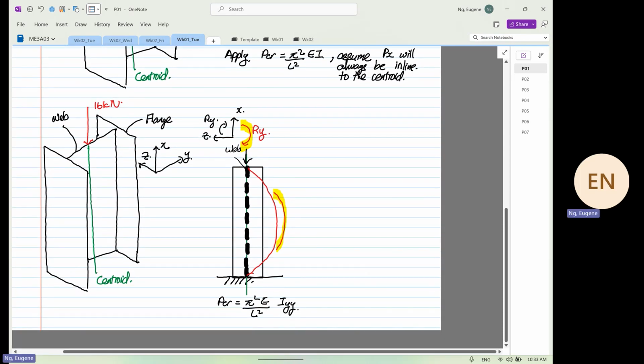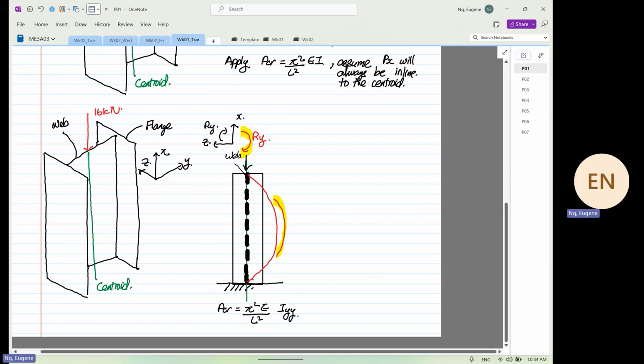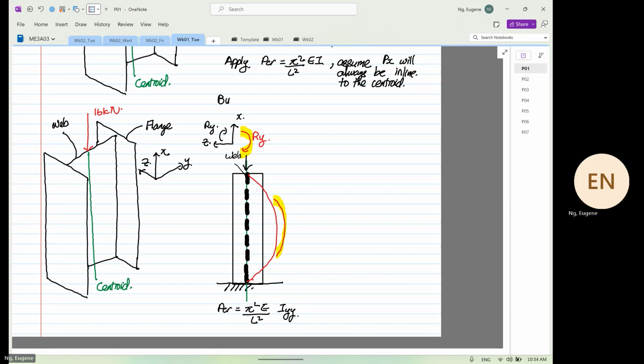For the first case that we did on Friday, we sketched buckling in the XZ plane. So in the first figure down here, buckling occurs in the XZ plane.